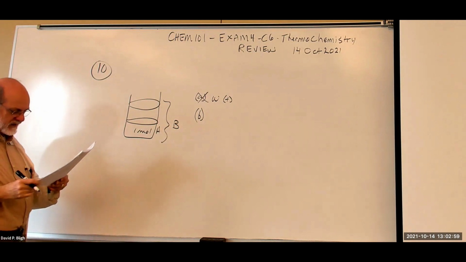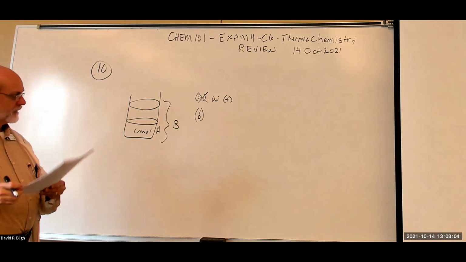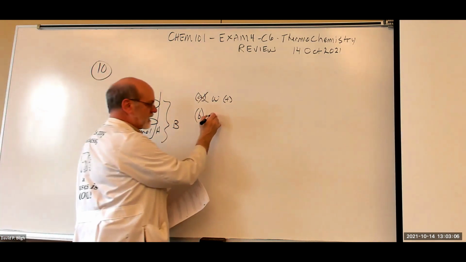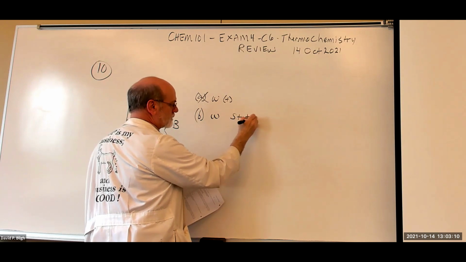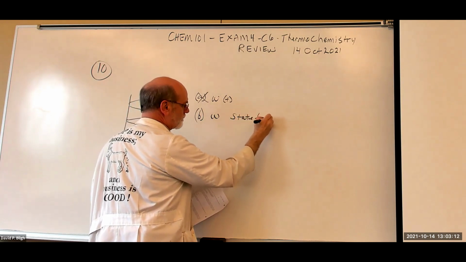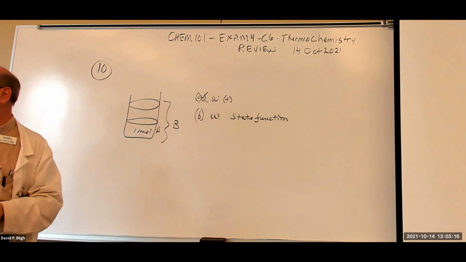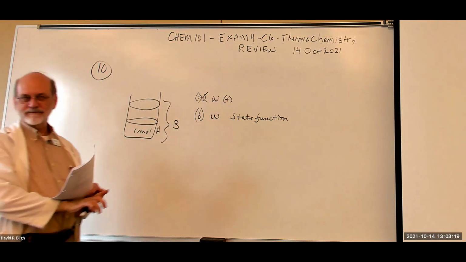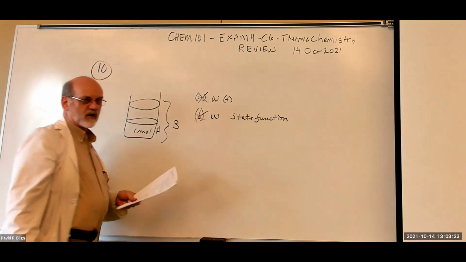The amount of work done in the process must be the same regardless of the path. So they're saying W is a state function. Is that true? Sorry. Q and W are both path functions. So B is false.